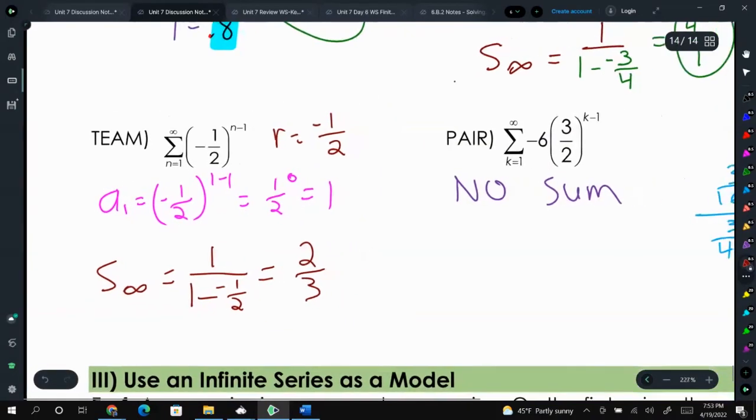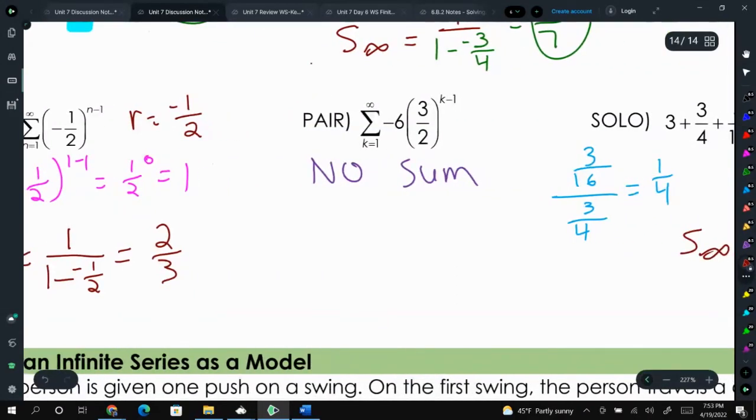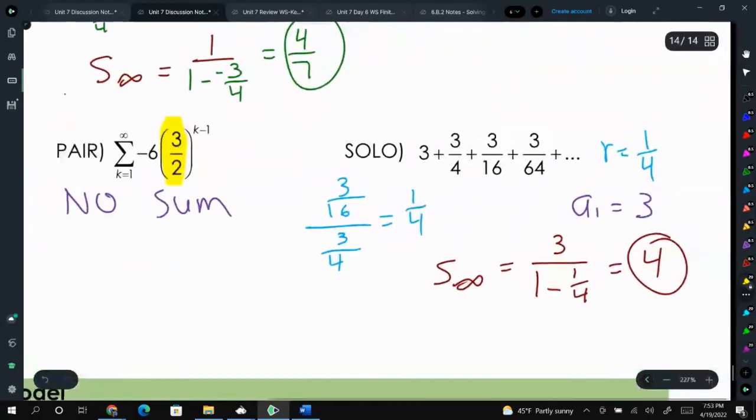All right, so here are the answers. The first 2 were hopefully not too difficult. You got 2 over 3 for that first one because your R value is negative 1/2, and a sub 1 would be 1. For the second one, your rate is 3 over 2, so that means there's no sum.